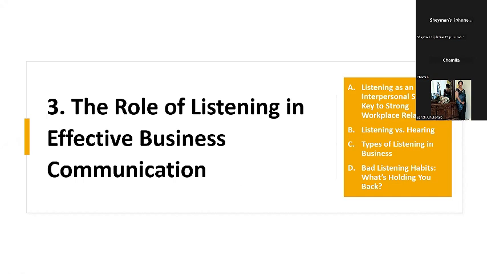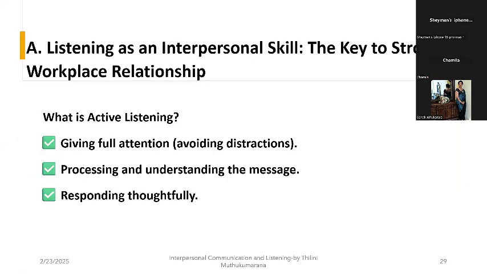Okay, so first you have to understand we need active listening. It's very important. And what is active listening? That means you avoid all the distractions. You give full attention, and also it's a kind of process.